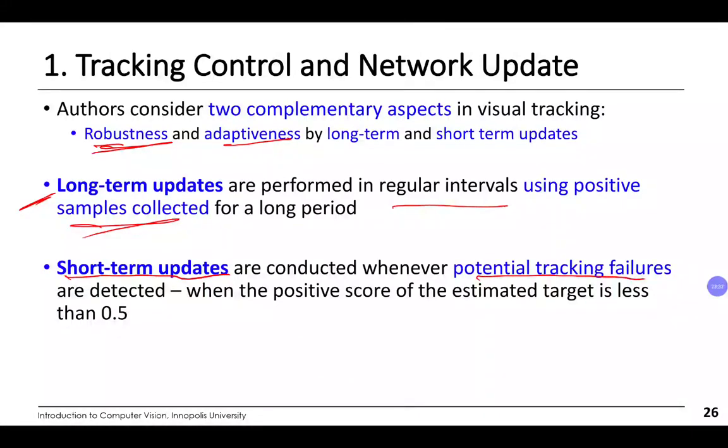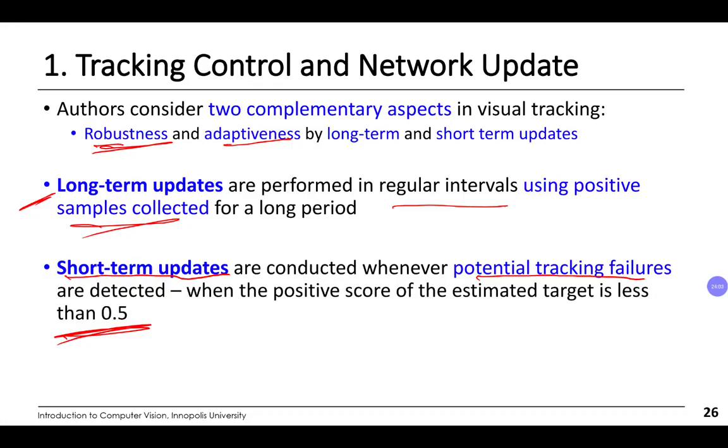So if you bring a new domain to your MDNet and it is going to fail, with the probability or the threshold of 0.5, it means MDNet is going to give you a very random tracking. In this case you need to do short-term updates, and these short-term updates bring the model to a state where your tracker is going to track your object more nicely in the future frames.